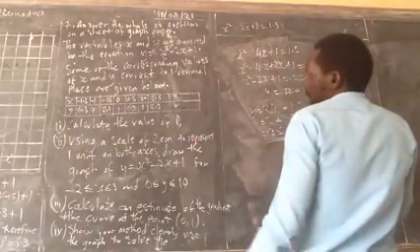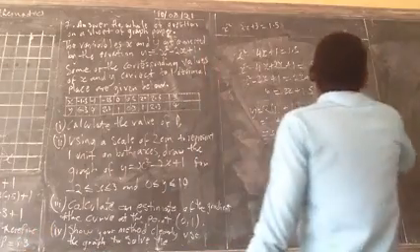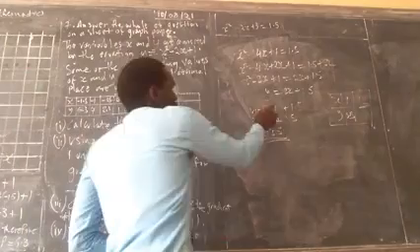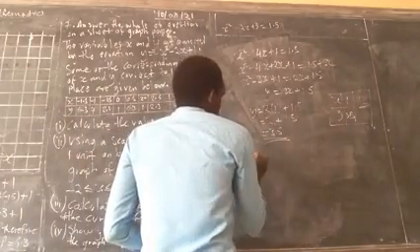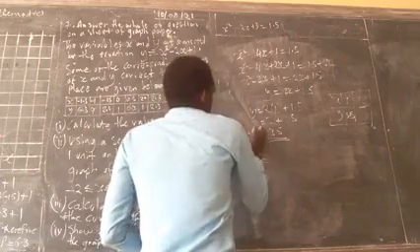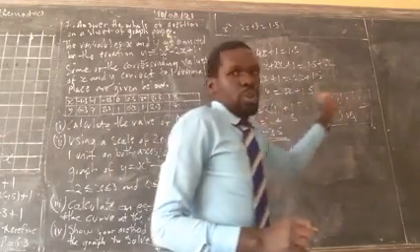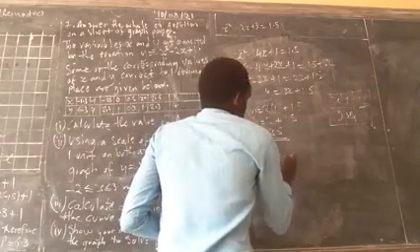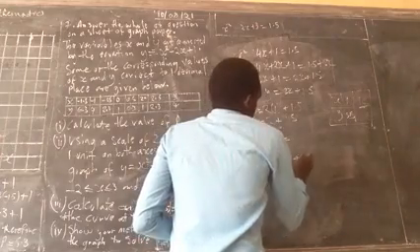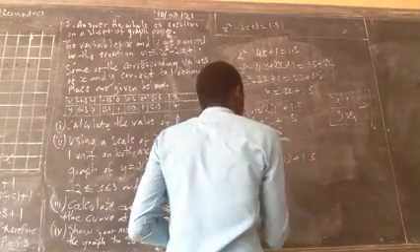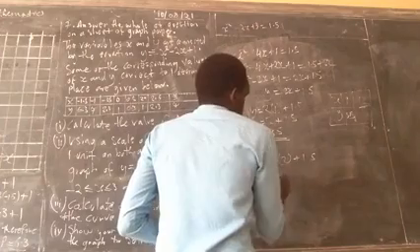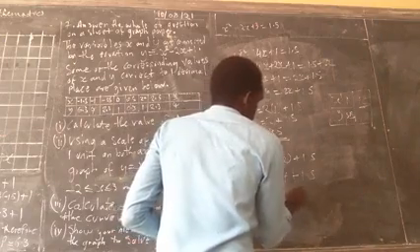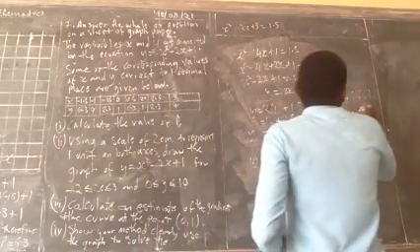Then when x is equal to 2, what will be the value of my y? If I put 2 in the equation, 2 times 2 is 4, plus 1.5, so this becomes 5.5.